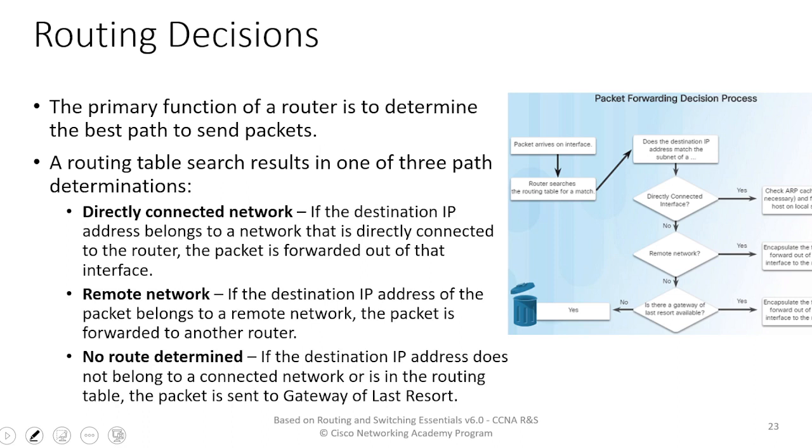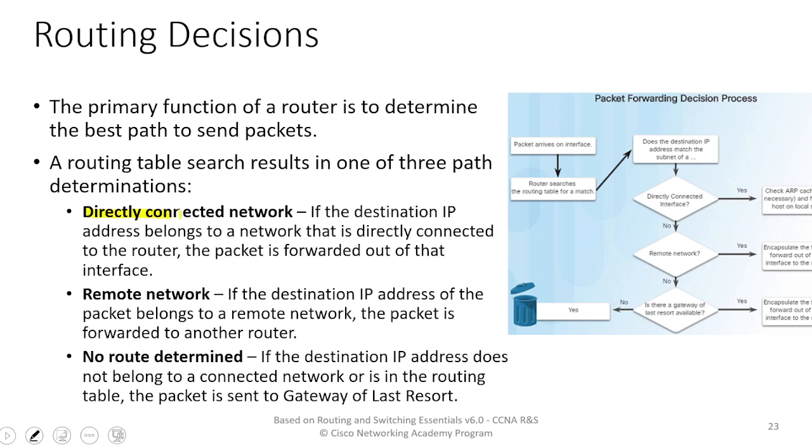Some of the basic things that we will do when we are doing routing, some of the decisions that we will make, are about how we make the decision when connecting to a network. So we will go through a process of decision making, and we can differentiate between a few different things.